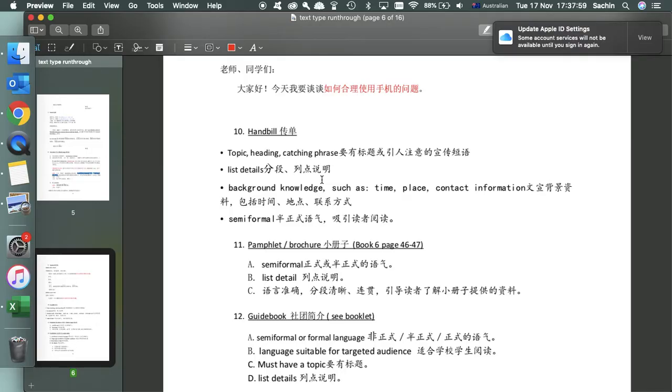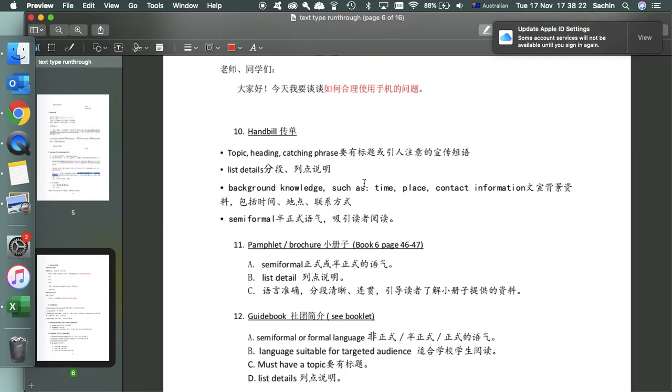So for example, if you're running a school trip to China as your topic in the IB paper 2, what you do is you just write like going to China, and then you list the details. So why do you want to organize a trip to China, and what purpose will it serve?